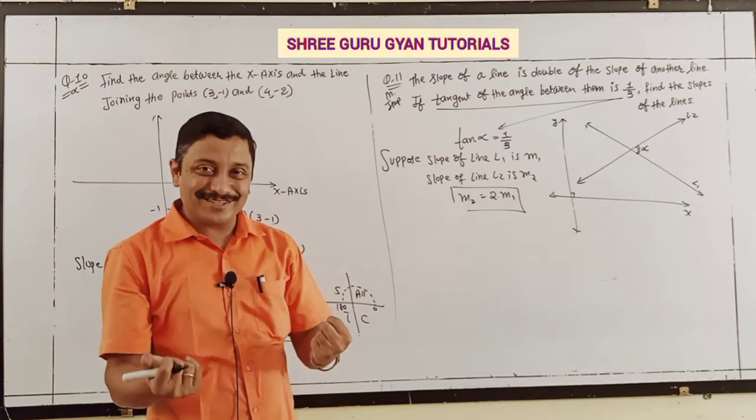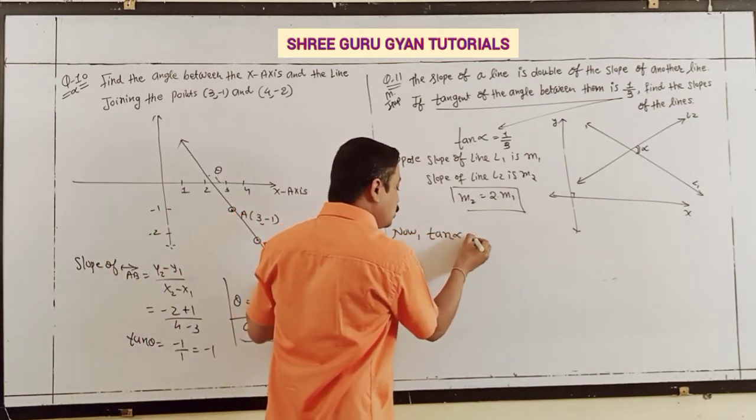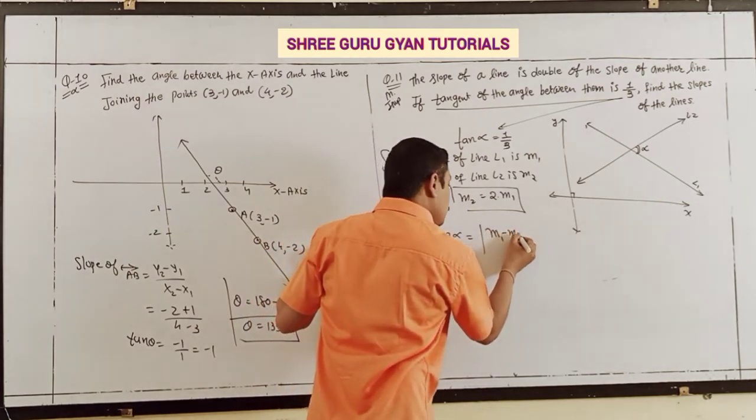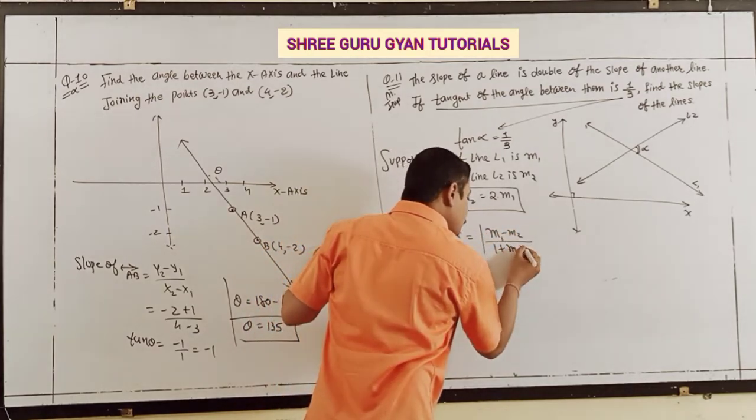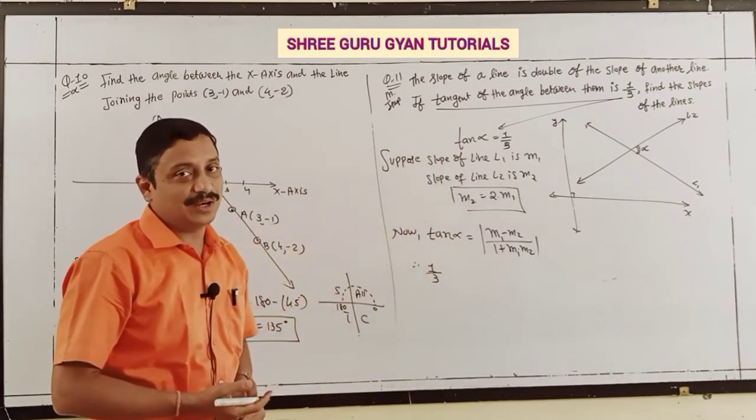Now the angle between two lines: tan alpha is known, (m1 minus m2) upon (1 plus m1 m2), and the tangent value 1/3 is already given.